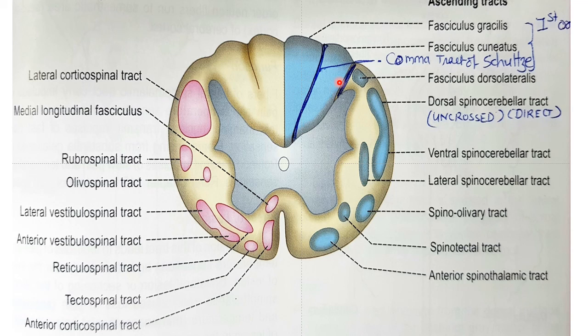As we go upward from the foot to the head region, the fibers enter laterally and are deposited there. It means the innermost is the big toe or foot region, and this side is the head and neck region. In between the two, the comma tract of Schultze is present.